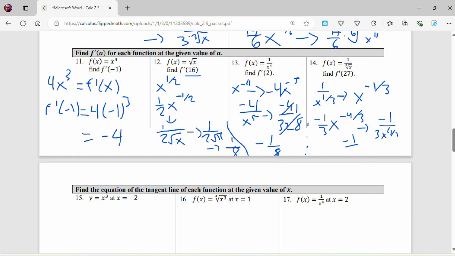And so your answer is going to be negative 1/243. Hopefully that makes sense. What I did was I found the cube root first, and then I did the fourth power, so that would make it a little bit easier to solve.